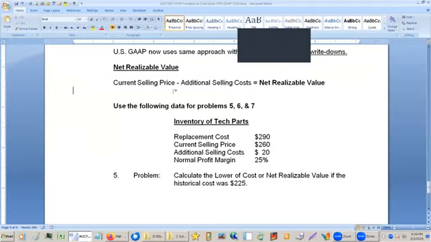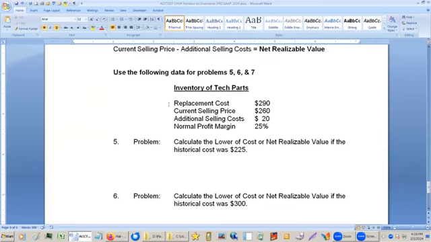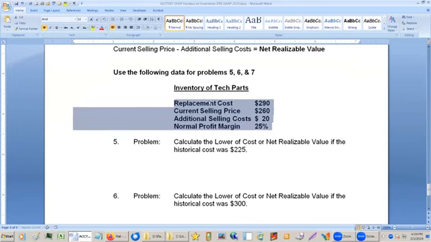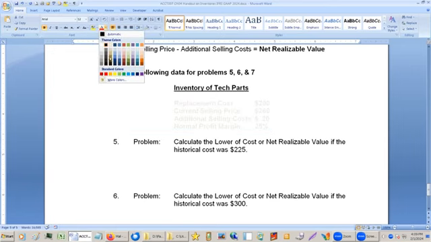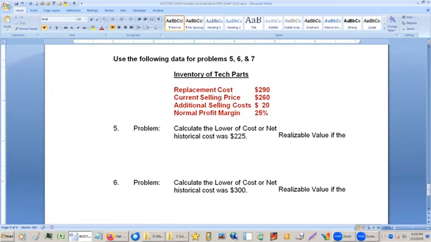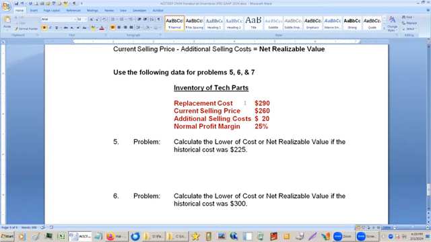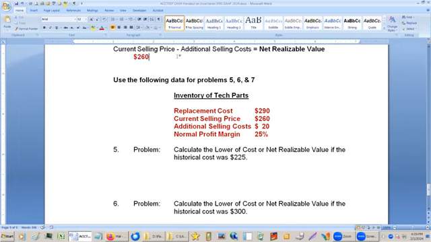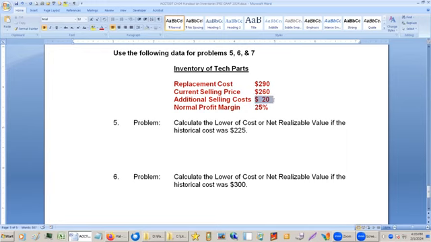Okay, so let's take a look. Here's a net realizable value computation, and I'm going to use this down here as our plug the numbers in. Okay, so current selling price is $260. Minus additional selling costs, 20.